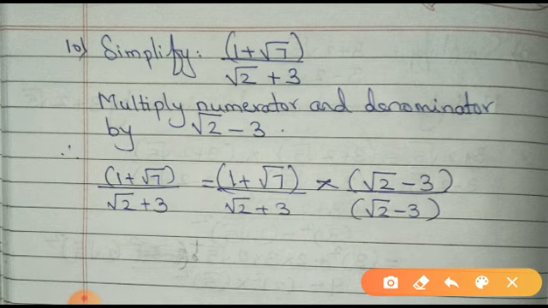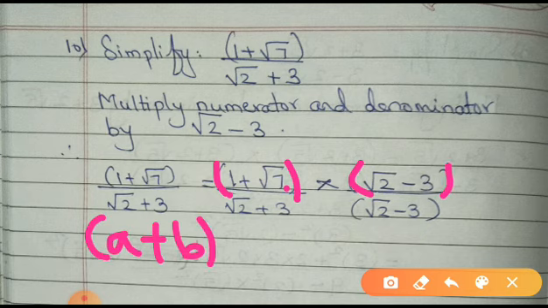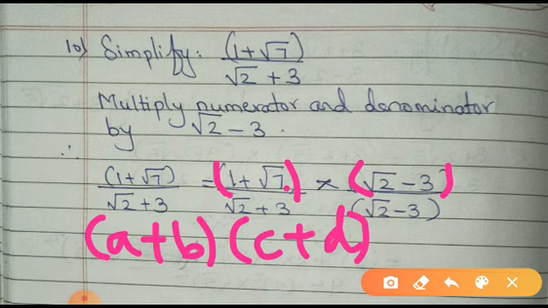Now in the numerator I have 1 plus root 7 into root 2 minus 3. That means this bracket is different and this also is different. So is it of the form a plus b into c plus d? So in that case what have you done? Just multiply a to this bracket plus b to the same bracket.